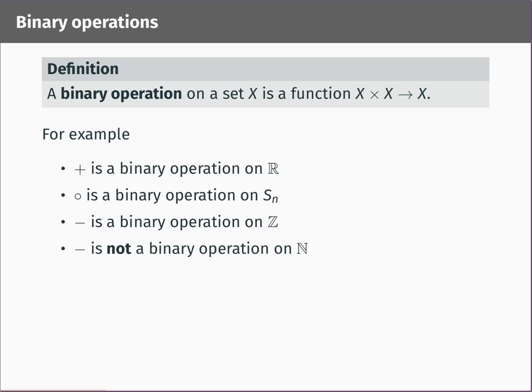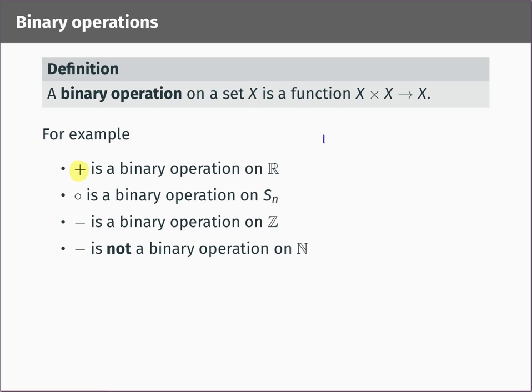For example, you know lots of binary operations. There is the plus function on R. Now, it may sound a little bit weird to think of this as a function, but it really is just a function from R cross R to R, because plus takes two elements of R and outputs another element of R. The only difference between plus and a standard function is the way we write it.